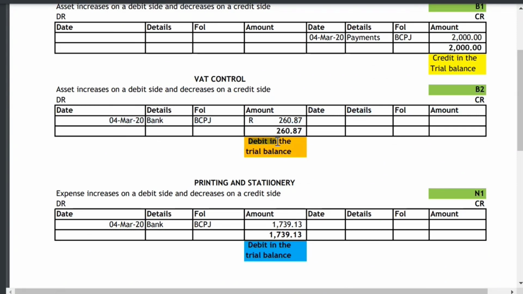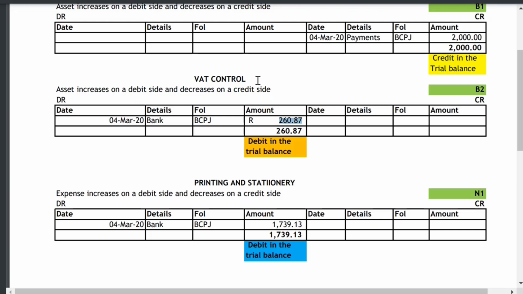When you take it to the trial balance, you're going to debit it, because in the general ledger, the account is on the debit side. You're going to take it as it is, as a debit.